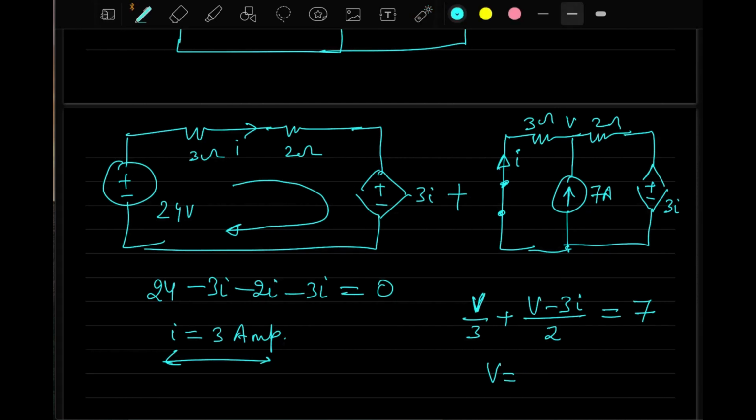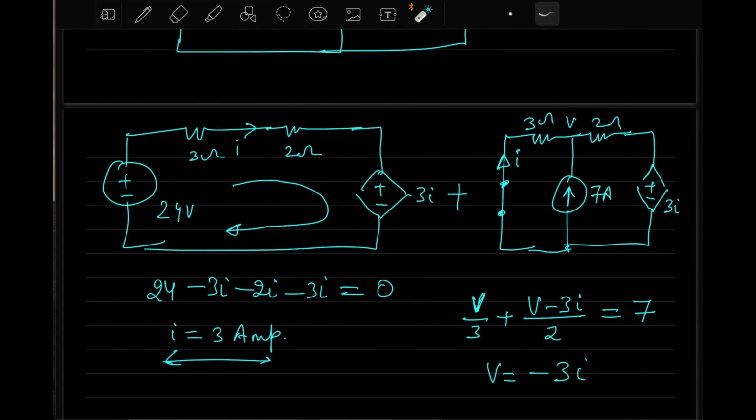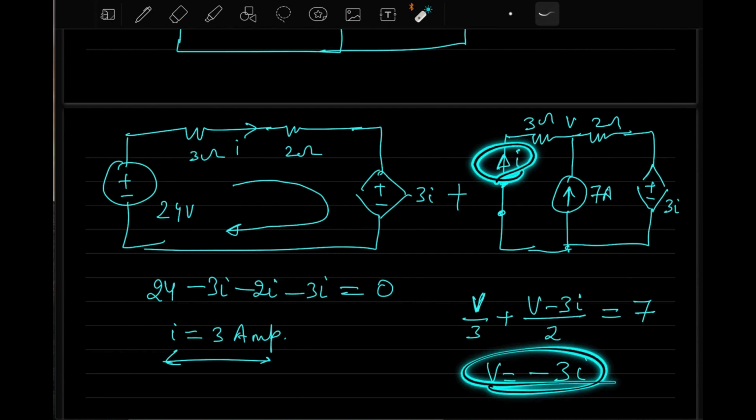Yes, minus 3i, because the direction of the current is fixed, as I am telling you again and again. This controlled source direction is fixed. We cannot change it. Though we wrote this by assuming current moving outside this node, we are correcting that mistake by writing this.